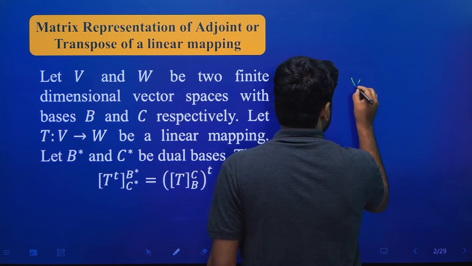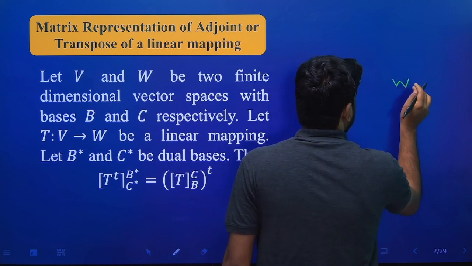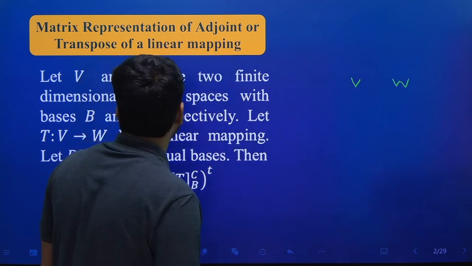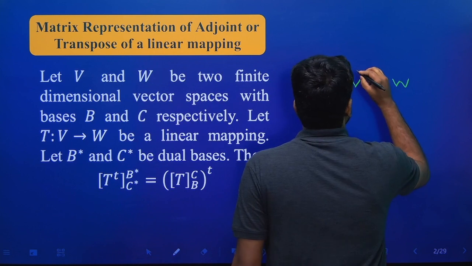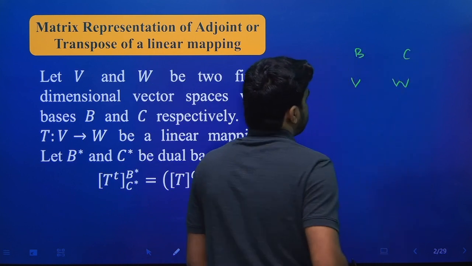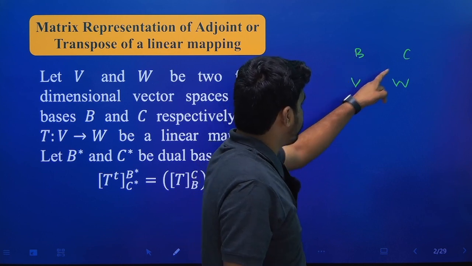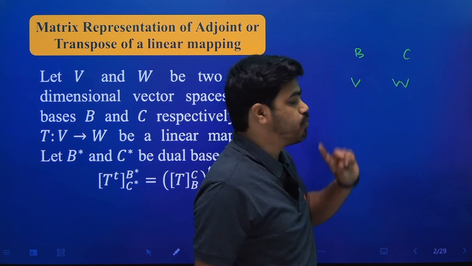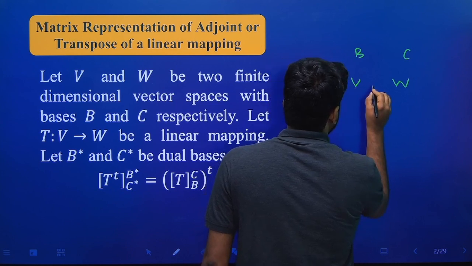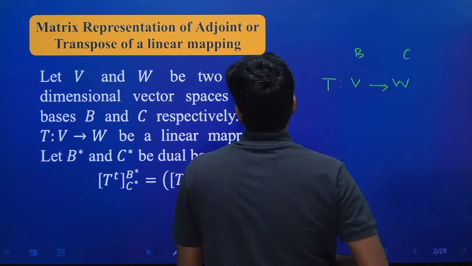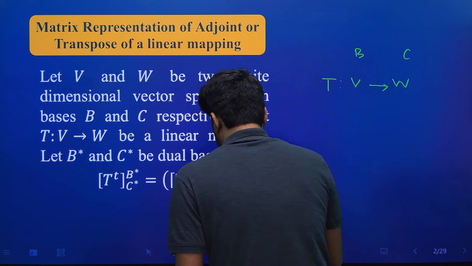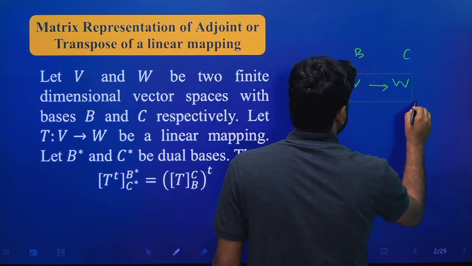V and W are two finite dimensional vector spaces with bases B and C. That is, B is the basis for V and C is the basis for W. And let T be a mapping from V to W. This is a linear map.